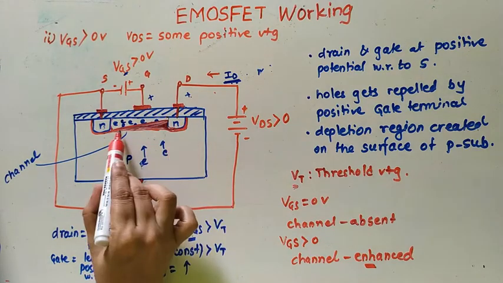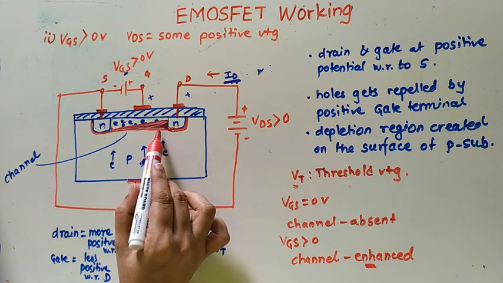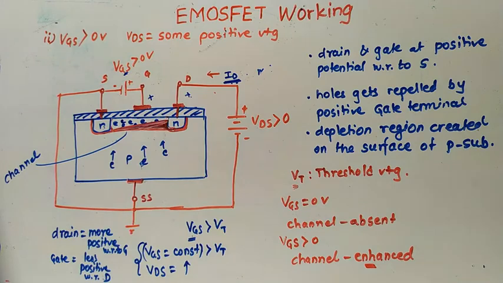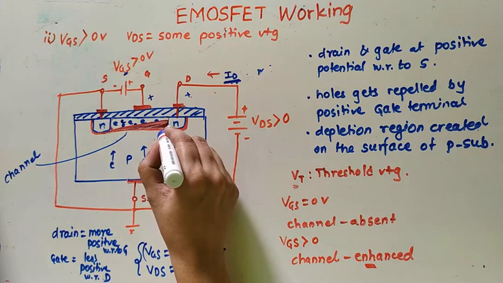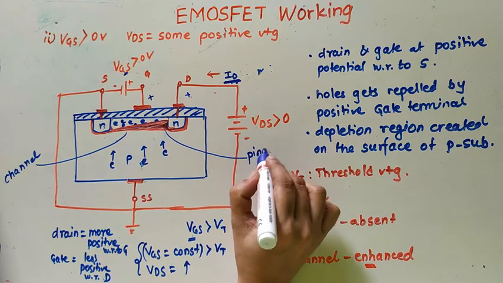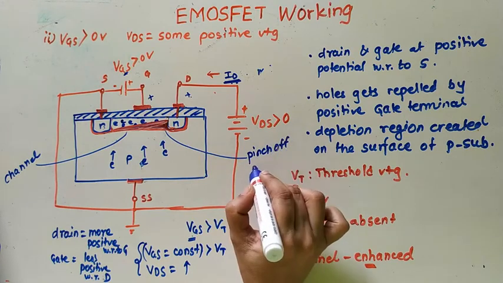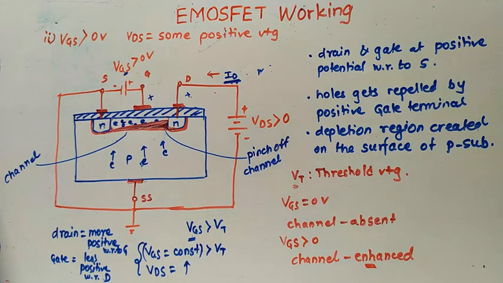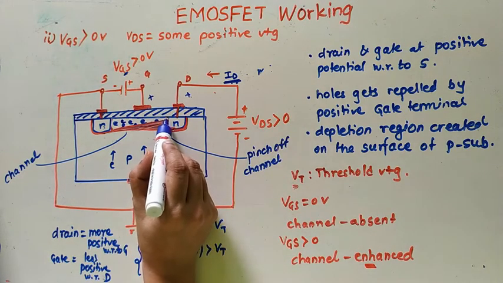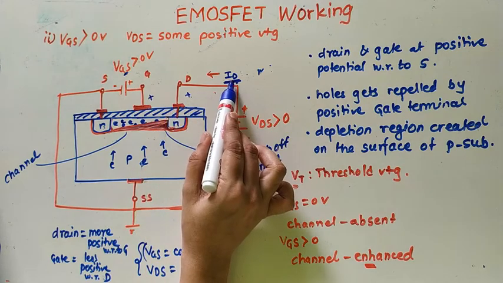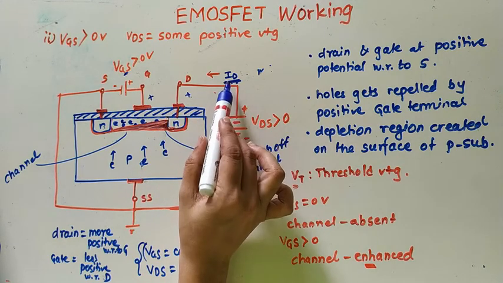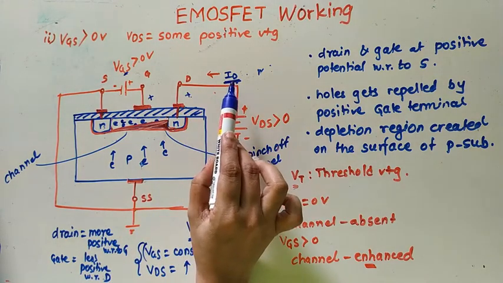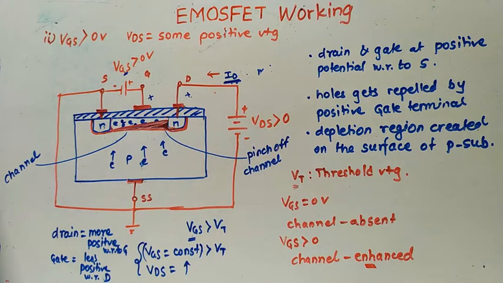Towards the drain, the width of the depletion region will be more, and this condition is called the pinch off condition of the channel. During this pinch off of the channel, the density of drain current will be high and will reach a constant value, which is called the saturation value current, that is IDSS.